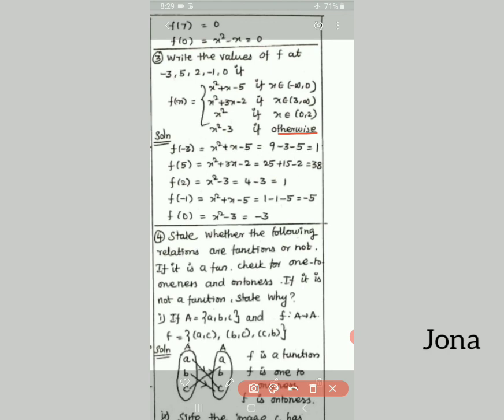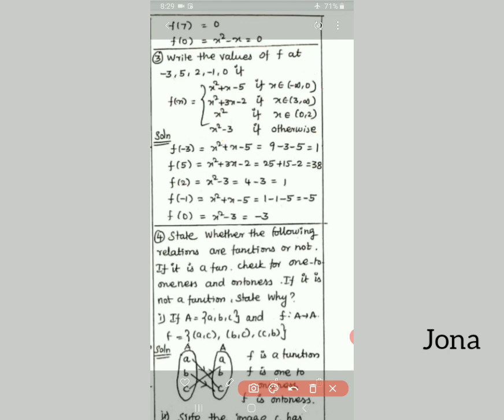So we have to take this one, x square minus 3, so that the value is 1. This bracket is the open bracket, so we should not take the given ordered pairs. For example, for this ordered pair, we should not take minus infinity and 0. Except these two, whatever elements are in between, we have to take for the set.